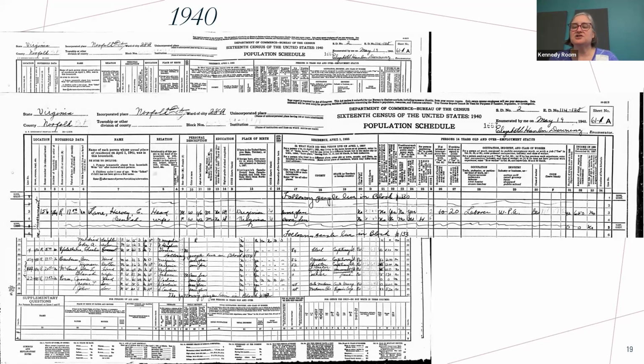The education section asks if they attended school or college since September 1939. The highest grade completed. This can be really interesting for your ancestors. The place of birth for the person, their citizenship, if they are foreign born, and then we're at 1940.